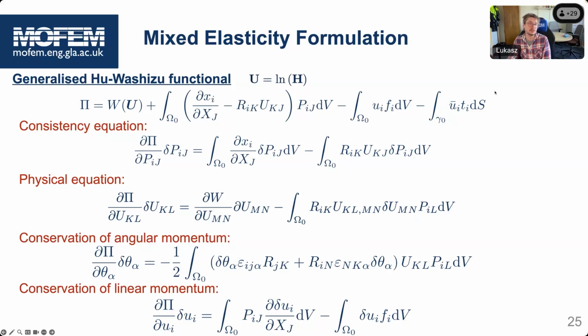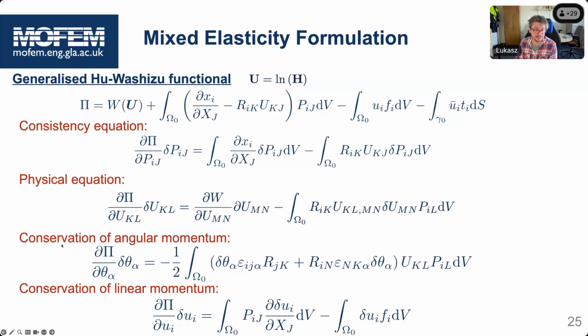When we look at the stationary point of that functional, you get the consistency equation, and then you can treat that consistency equation further by integration by parts, so you enforce the continuity in the weak sense. Then you have the physical equations from varying over the stretch or the gradient of the logarithm of the stretch.